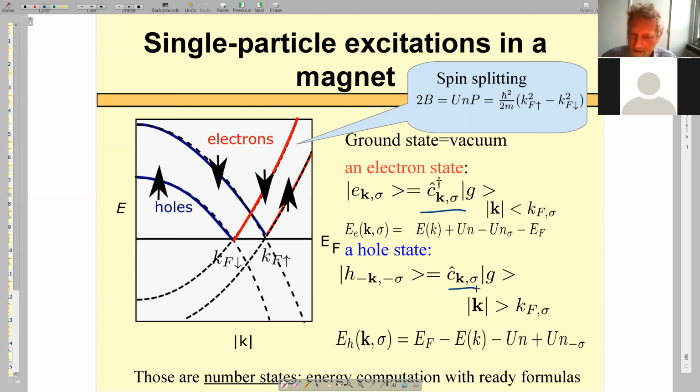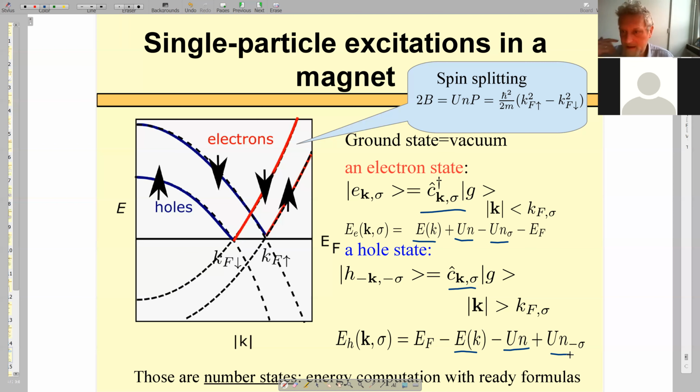That has a kinetic part, but that also has something coming from the interaction, the change of interaction. And that splits the energies of the excitations.